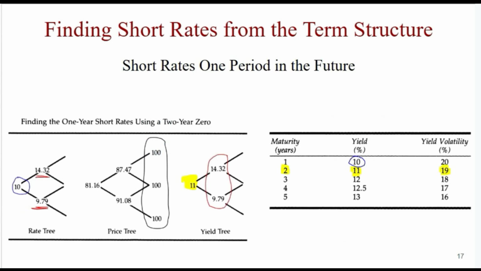So here's how the process of finding next year's short rates looks using the real numbers. We started with a 2-year zero's price at maturity, which we know to be the face value of 100.